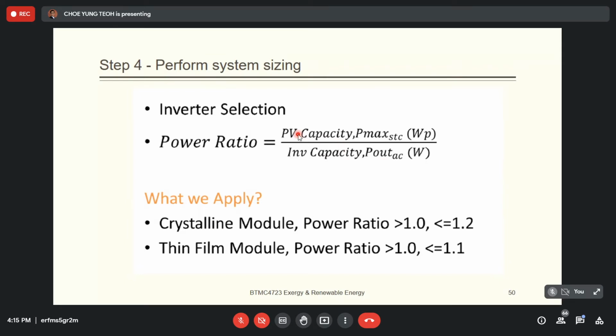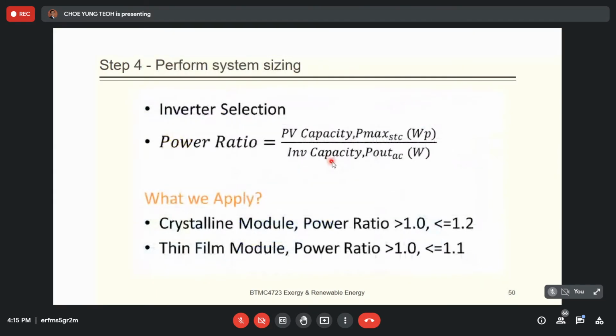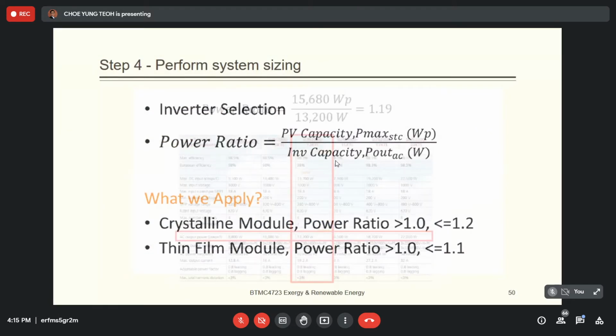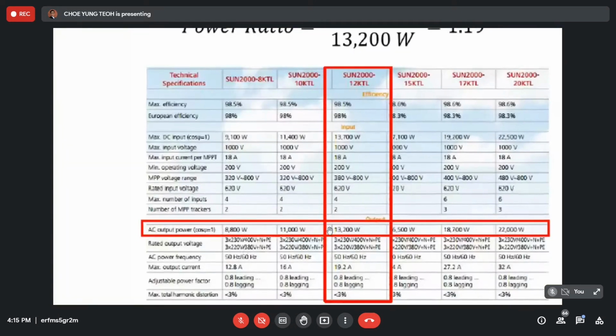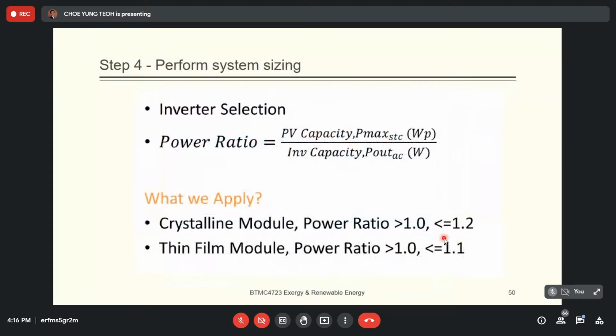So I get PV capacity of 15,680. I divide by the inverter output capacity, 13,200. I should get 1.19. Okay, power ratio of 1.19.